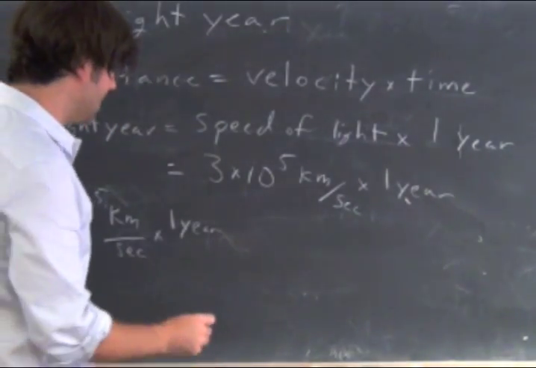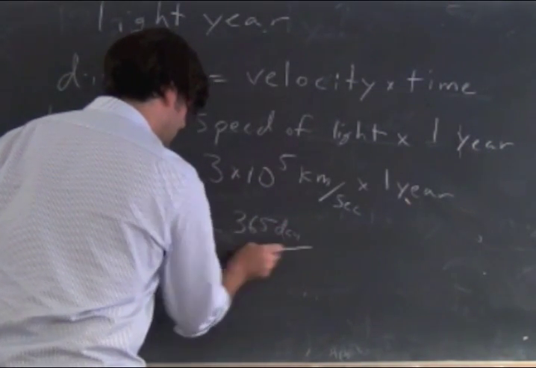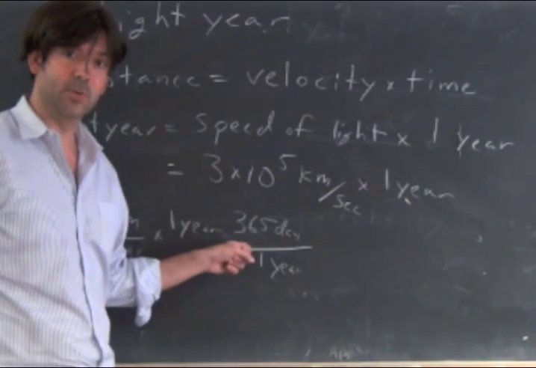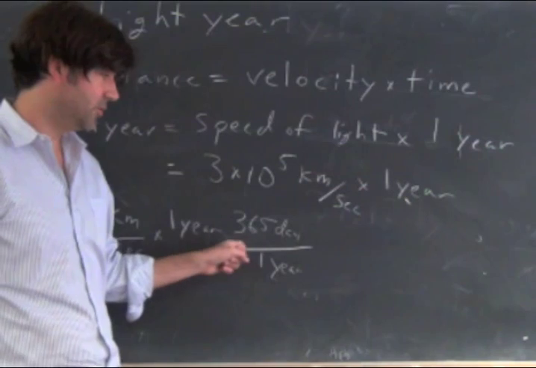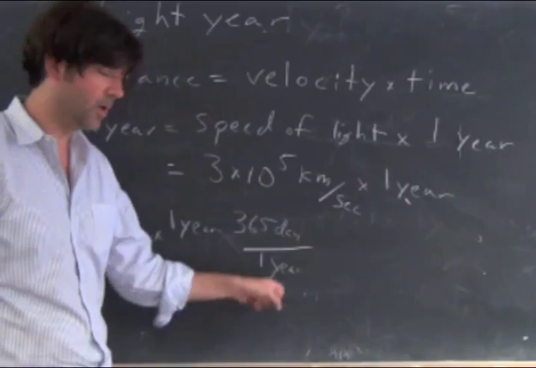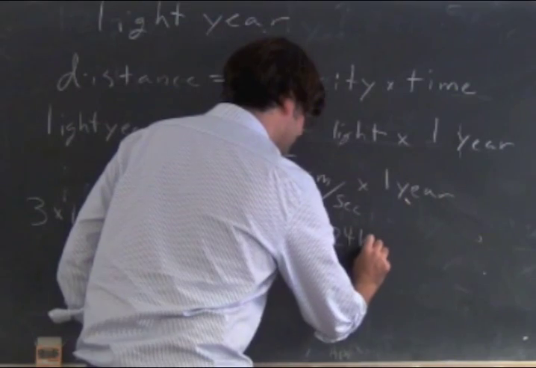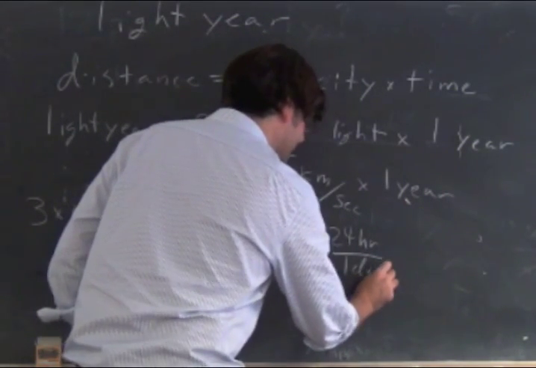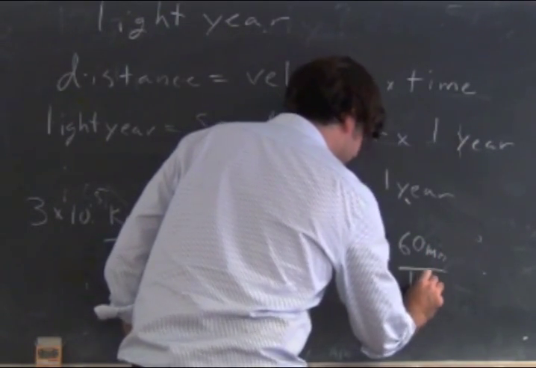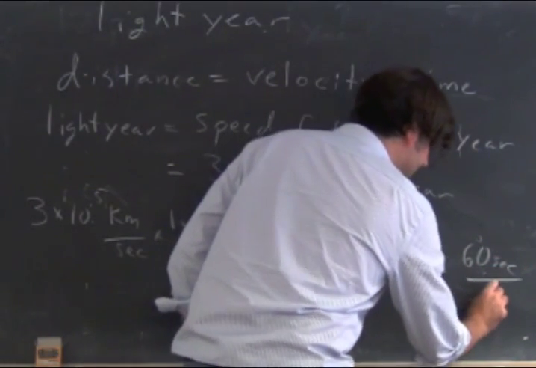But what do I know? I know that there's 365 days in 1 year. Again, note that I'm just multiplying this expression by 1. I'm not doing anything to it because 365 days and 1 year are the same thing. I know that there's 24 hours in 1 day, 60 minutes in 1 hour, and 60 seconds in 1 minute.